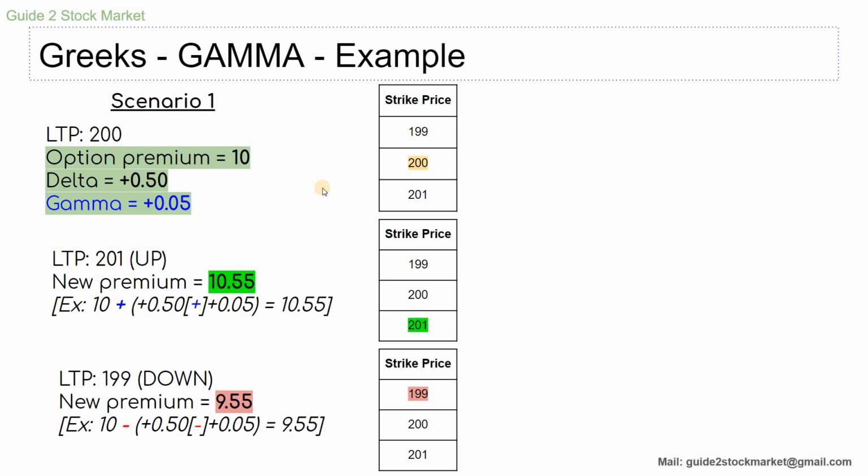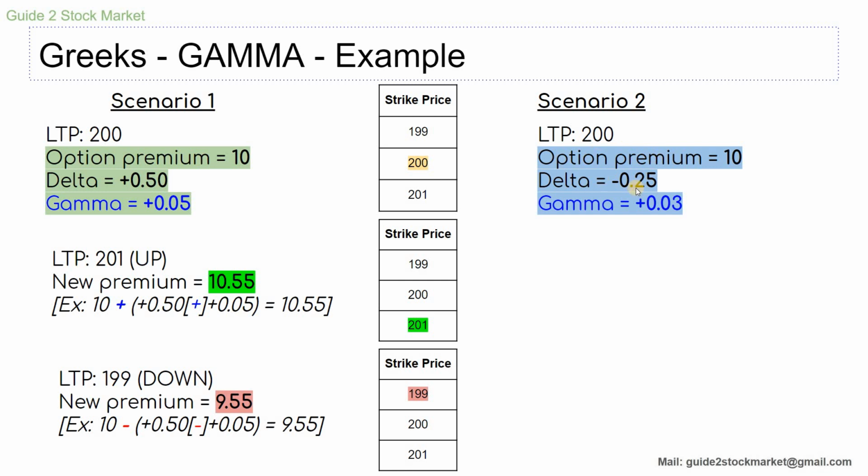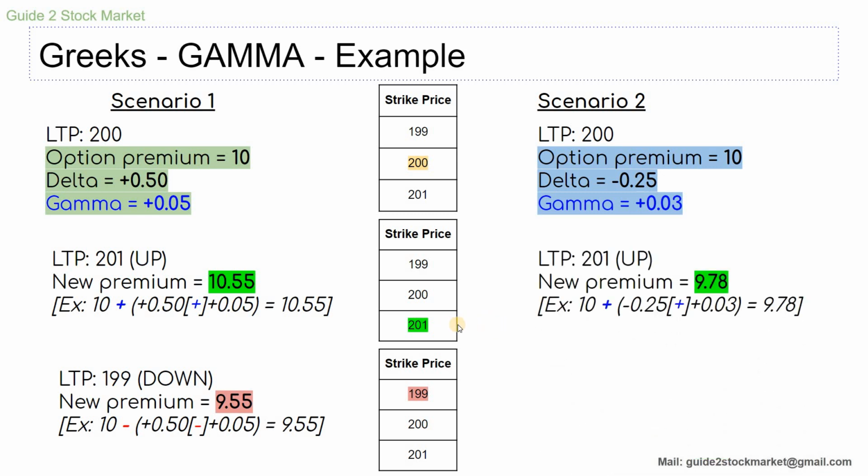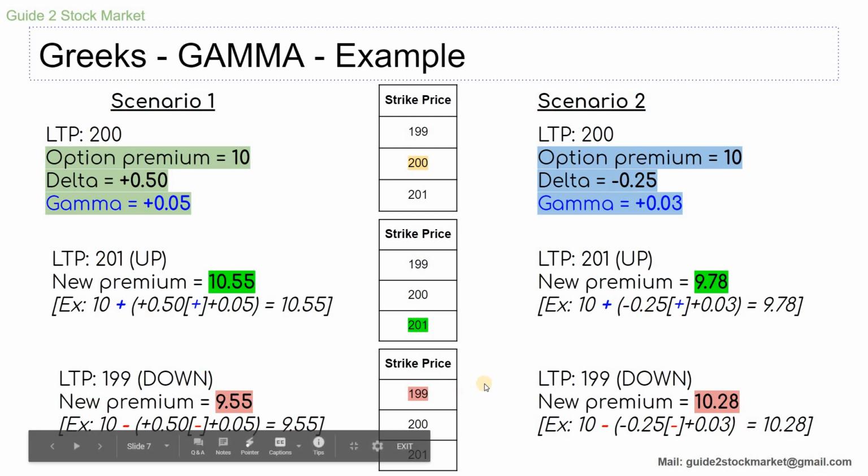Now we go to scenario 2 with negative delta. We already saw this in the delta video. Additionally, we are using a gamma of 0.03. If the LTP increases by 1 rupee, the premium will trade at 9.78. It is a negative delta with positive gamma. If the LTP decreases by 1 rupee to 199, the premium will be 10.28.